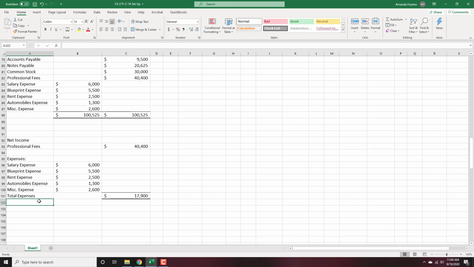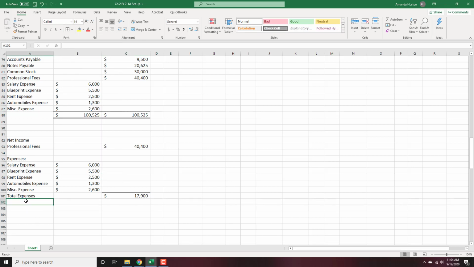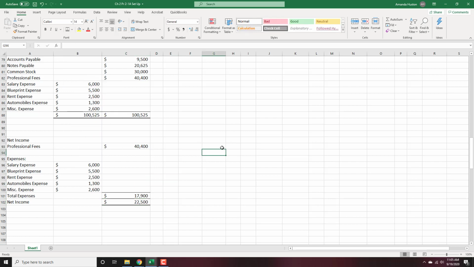And then we have a top border, and then we have net income. To get to net income, we subtract the total expenses, and our net income for January is $22,500.